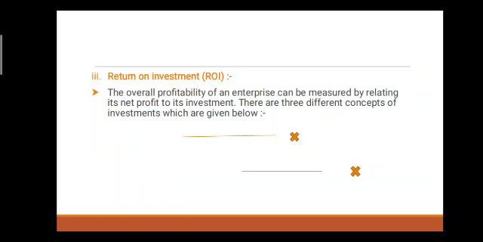Third, return on investment, in short ROI. The overall profitability of an enterprise can be measured by relating its net profit to its investment. There are three different concepts of investment which are given below.